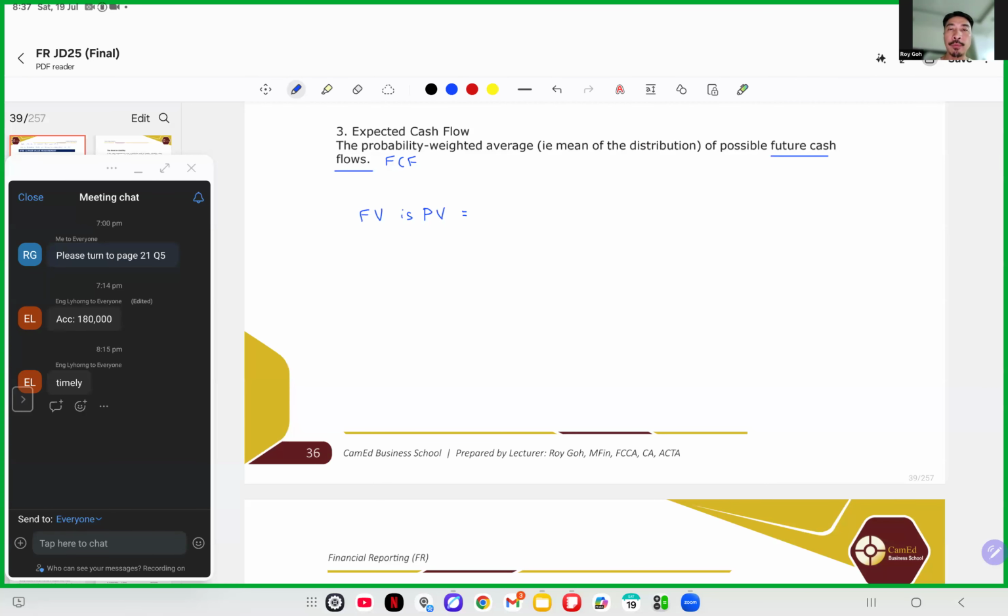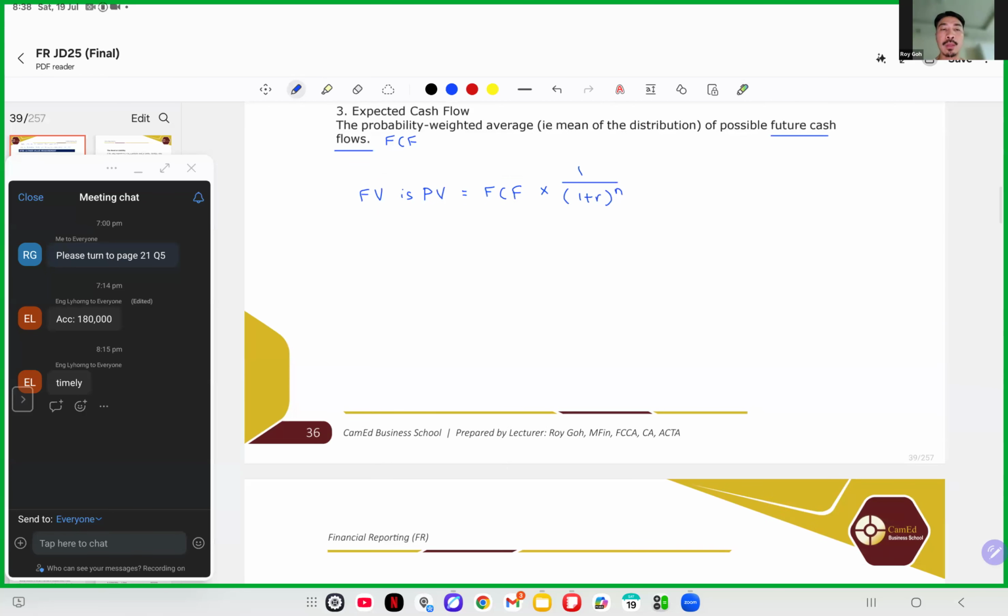You will take the future cash flow times 1 divided by 1 plus R. Do you recall lesson 1? Now you have to revise in order to catch up with me. So the present value can also become a fair value. So this is also possible.